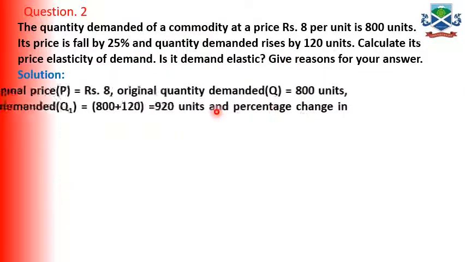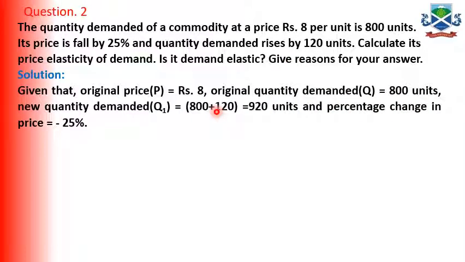So now we'll be solving this question. Given that original price is 8, original quantity is 800, and new quantity demand is 800 plus 120 units. The demand rises by 120 units, this word "by" you have to carefully observe.